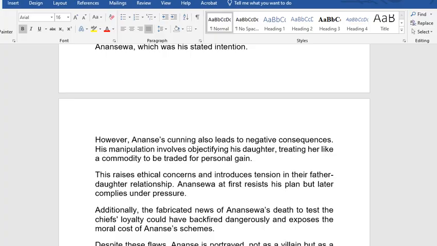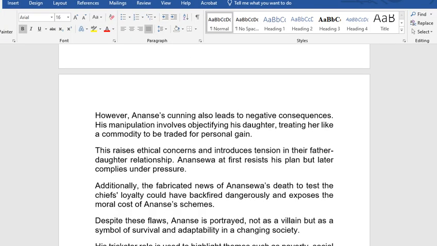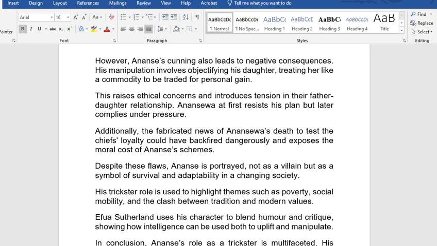Now, this is the other side of his tricks. However, Ananse's cunning also leads to negative consequences. His manipulation involves objectifying his daughter, treating her like a commodity to be traded for personal gain. It turns Anansewa into a commodity to be purchased by these men.